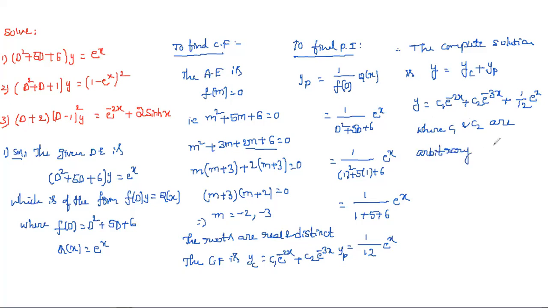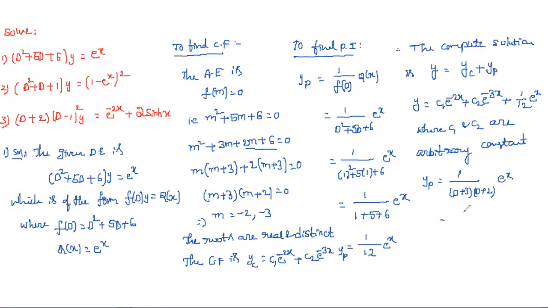If you are getting 0, then you can split into factors. But is it necessary to split into factors here? Like this also, no problem. If you write the factor notation also, it is the same thing. Yp is equal to 1 by D square plus 5D plus 6 e power x. What are the factors we got? D plus 3 into D plus 2, right? So this is 1 by D plus 3 into D plus 2 into e power x.